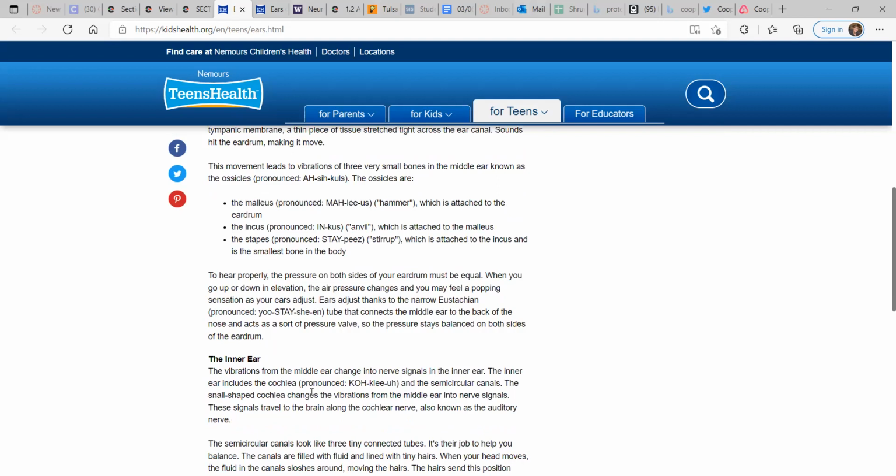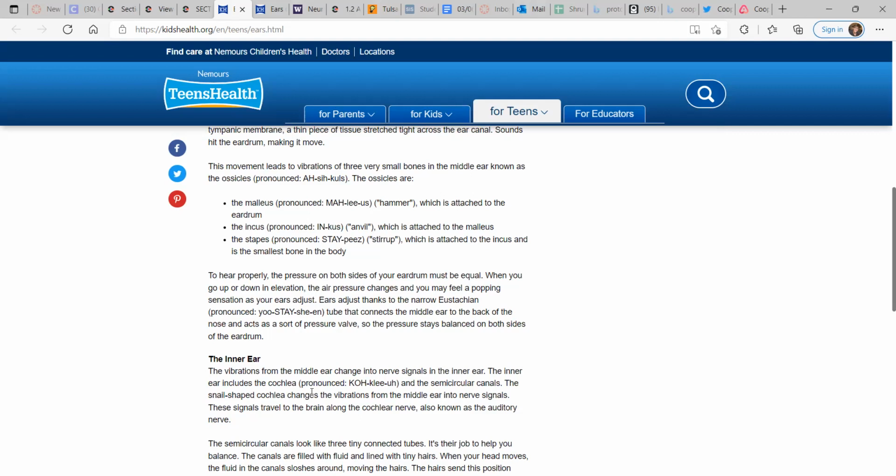And in order to hear properly, you need the pressure to be equal on both sides of that eardrum. So when you're going down in elevation or you feel a quick air pressure change, you hear this popping sensation in your ears.